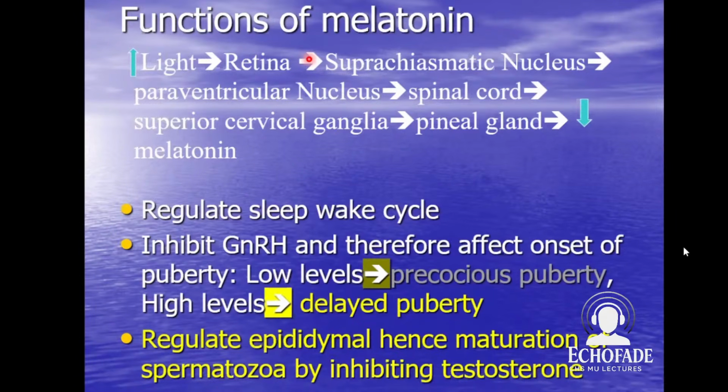And that is what we call pars tuberalis. And then at the part where the neural part and the glandular part are meeting, usually the glandular tissue mixes up with the neural part. And that's what we call pars intermedia. And then the rest of purely glandular tissue is what we call pars distalis.